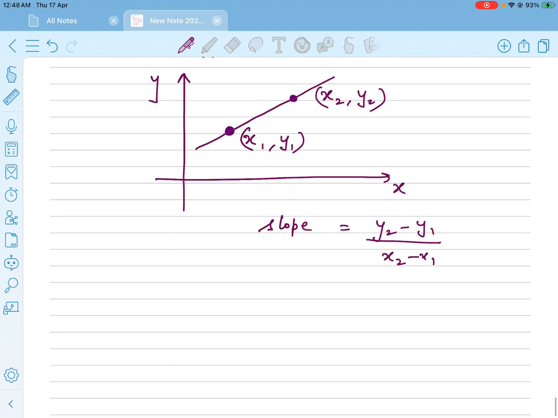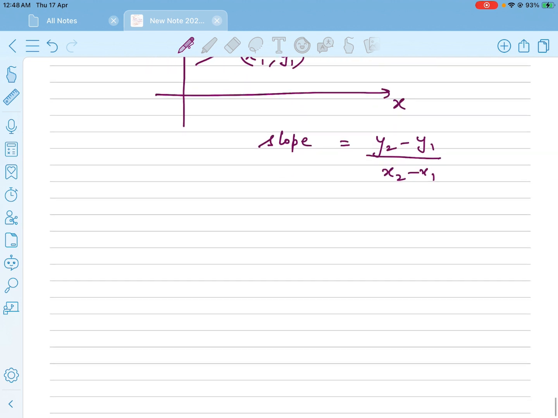But the problem arises when, instead of a straight line, we have a curve something like this.